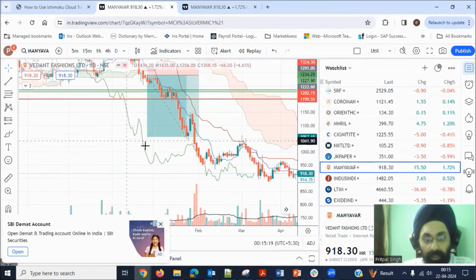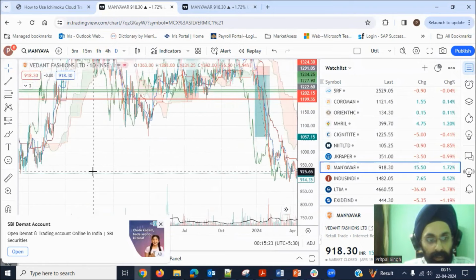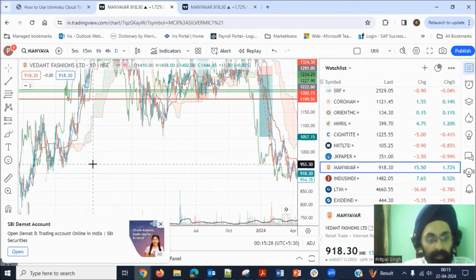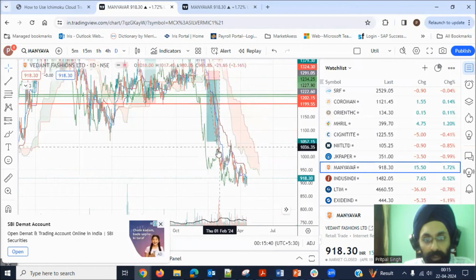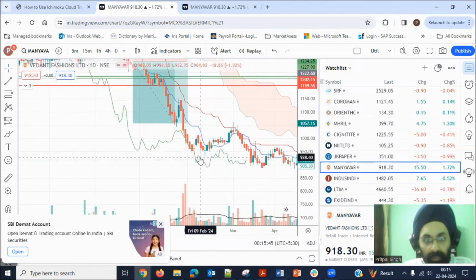And if this is not enough, the other low which I showed you was here somewhere, like 938. Okay, let's be more conservative and place it at 953, because this was the most recent low after this. How much time did it take to reach 953? Within one more week, on 5th of February, it had hit 953.